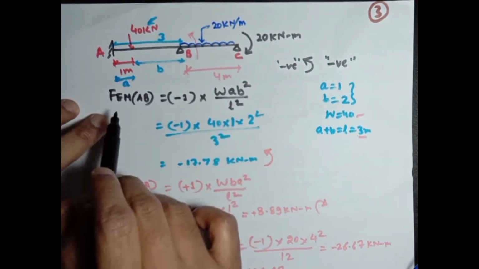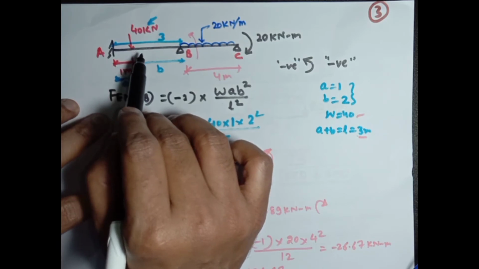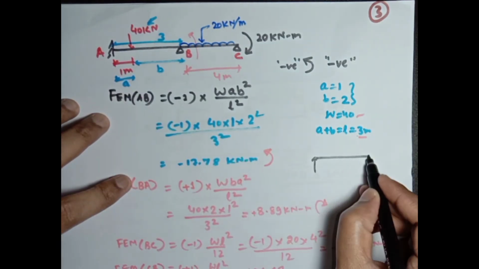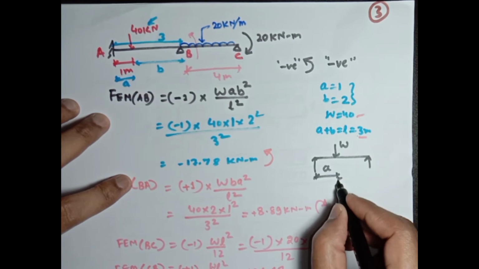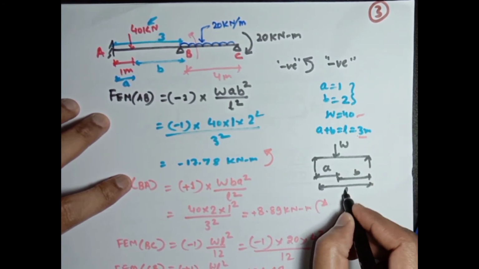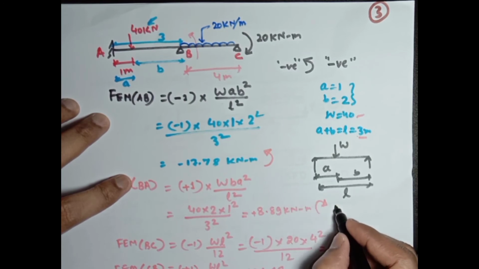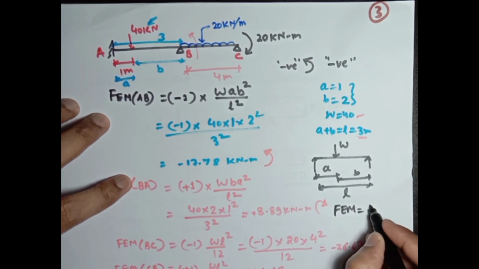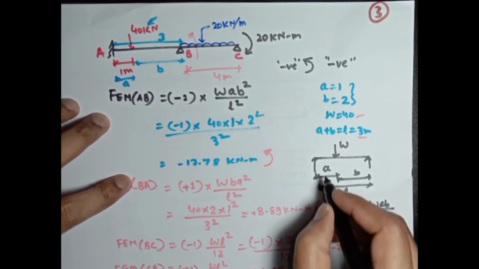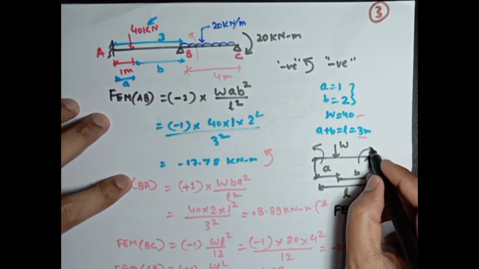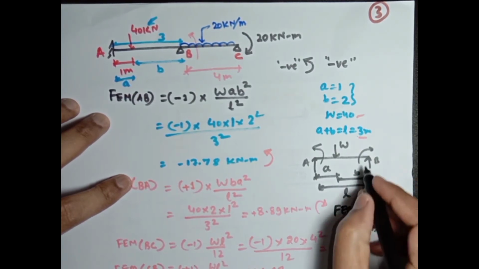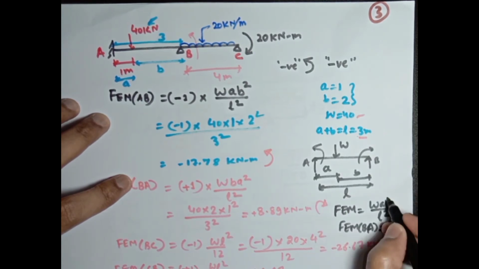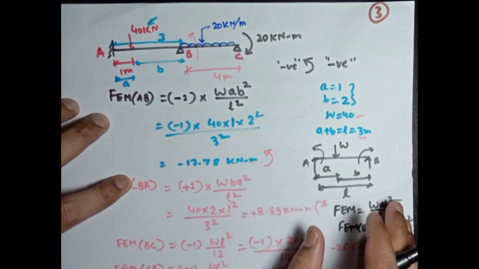As you know, for a point load at distances A and B, if this load is W, this length is A, this length is B, and the total length is L, then the fixed end moment FEM will be WAB squared over L squared for the moment at A. For BA it will be WBA squared, that is, W A squared B divided by L squared. We follow the same here.